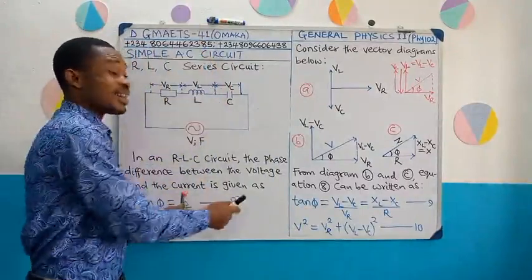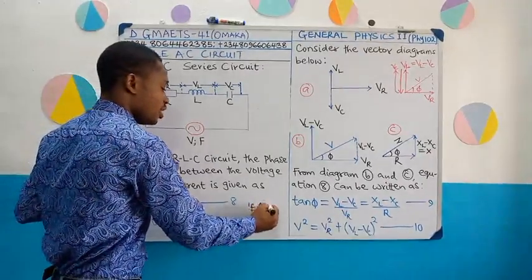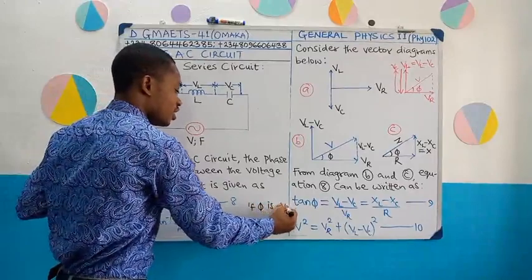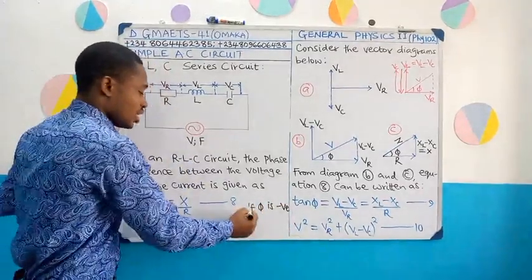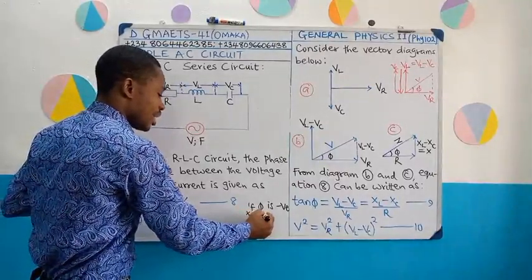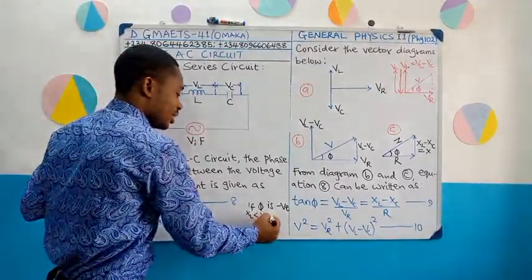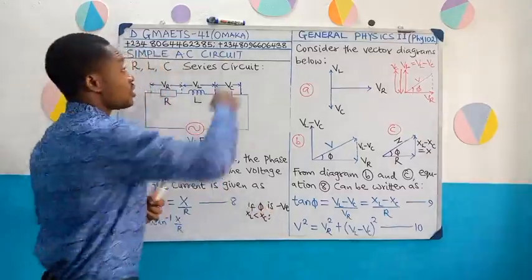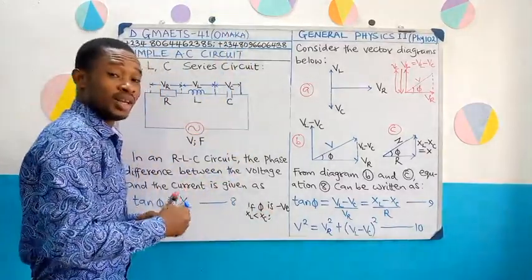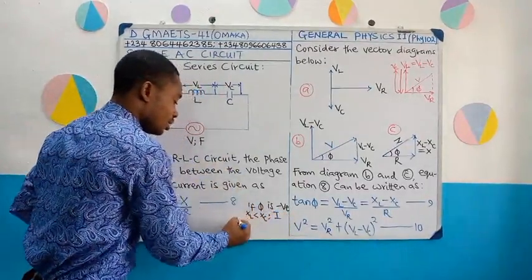I'm going to quickly make an analysis here. Are you following? If phi is negative, it simply means that XL is less than XC. And for XL to be less than XC, all that tells us is that the current will be leading the voltage. So I'll write I leads voltage.